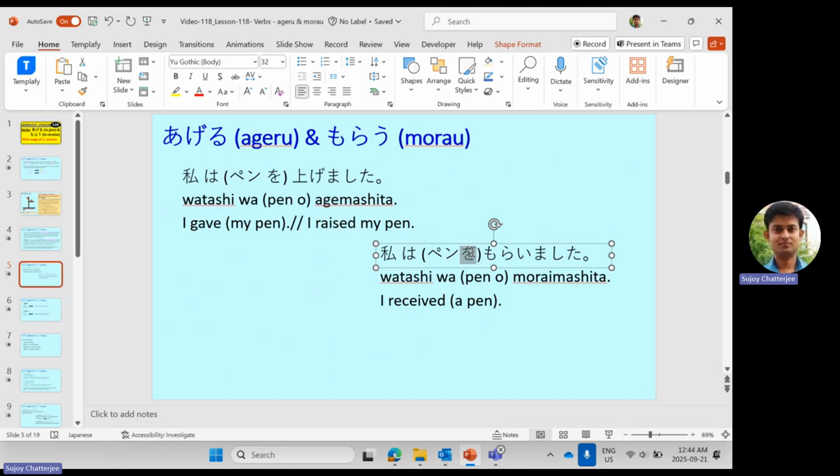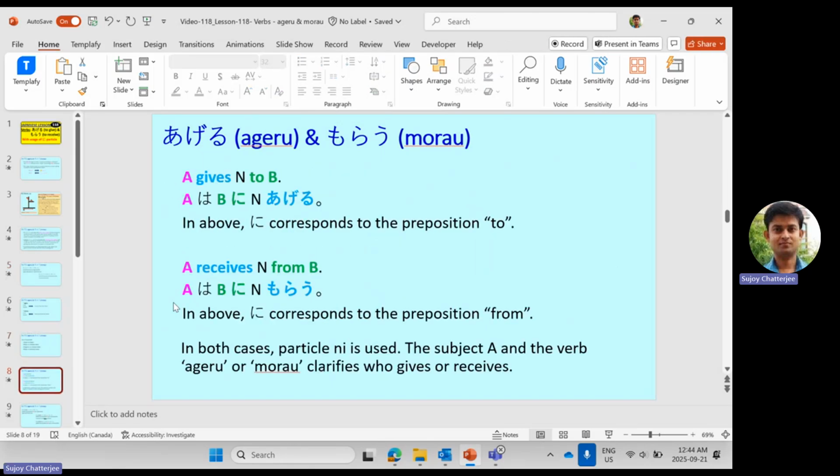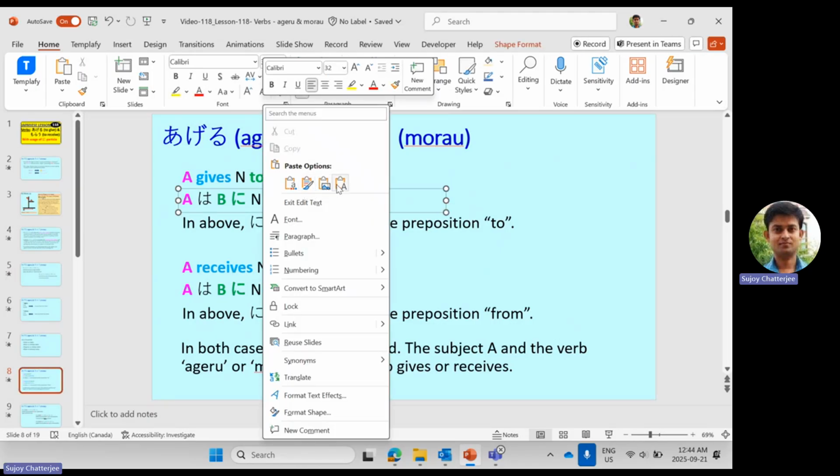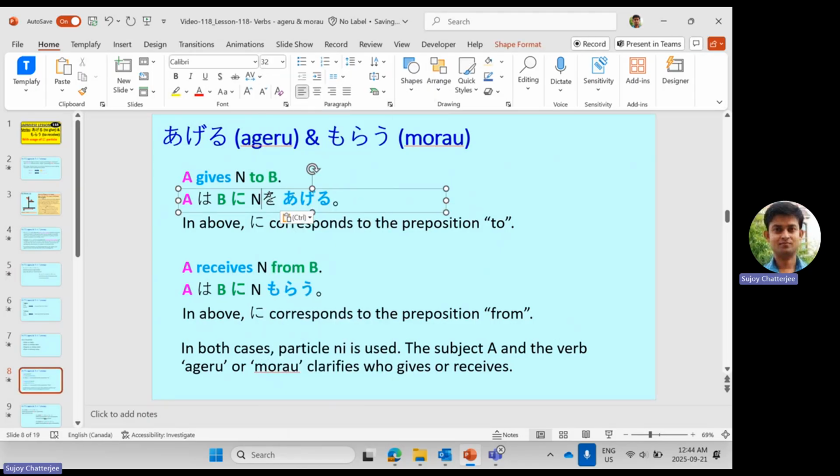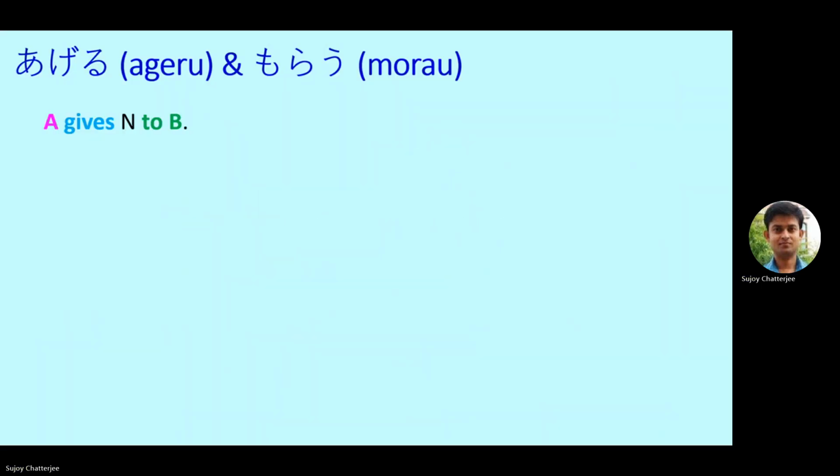So this o will come here, which I have missed. O is very important here. So A gives N to B means in Japanese, A wa B ni N o ageru.